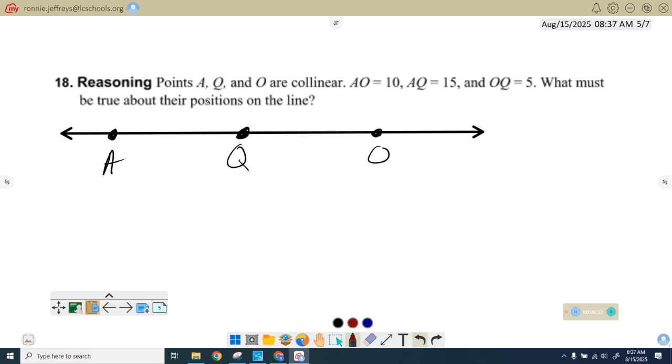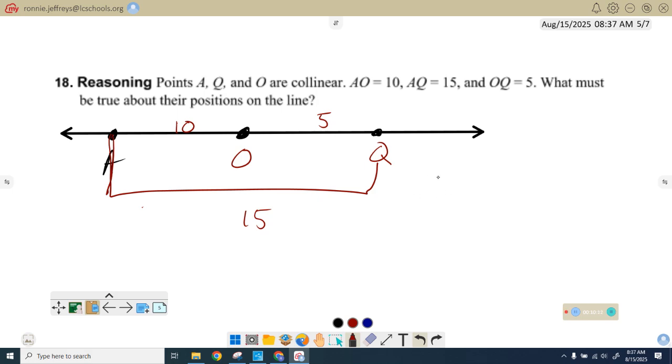So all these are collinear. So if A to Q is 15, this is 5, and this is 10.